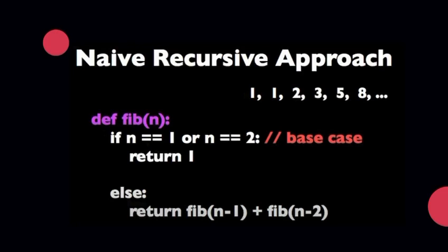And that corresponds to the first two elements. And if that's not the case, we're just going to return the sum of the previous element and the second previous element. So this approach works, but this thing is very inefficient and it has a serious problem that needs to be fixed. Let's see why that's the case.